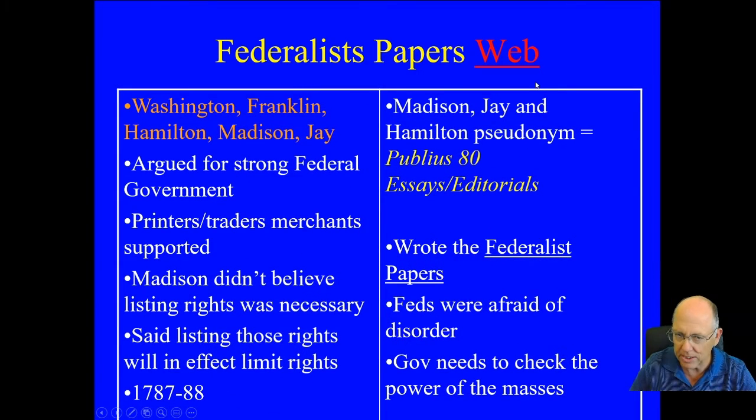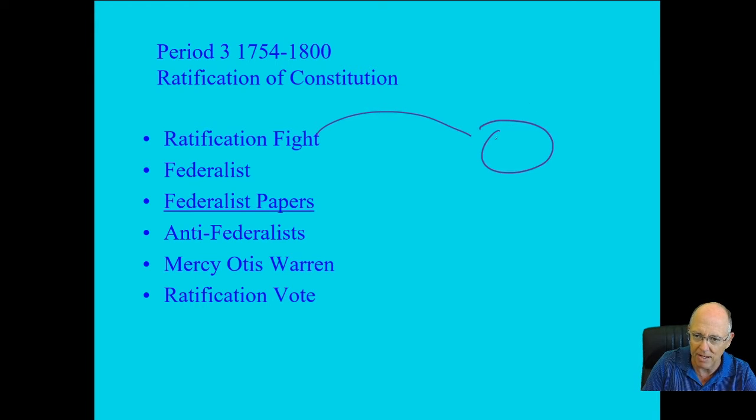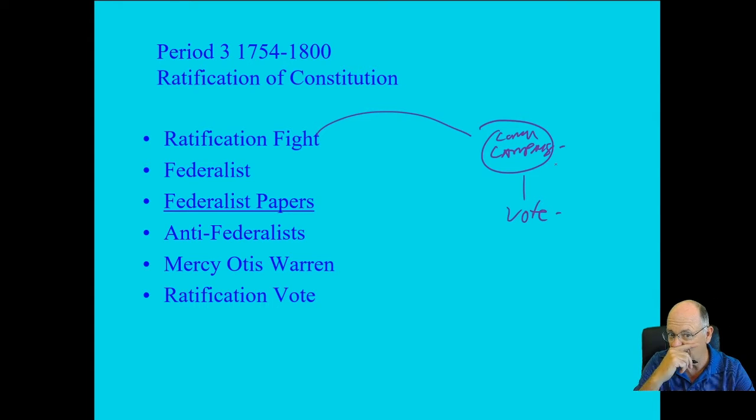Okay, so let's start with the Federalist Papers. One big idea, and we go back to this, the ratification fight, now goes to each state, and they have conventions and campaigns to discuss the Constitution, and they vote. That's what's going on with the ratification fight.